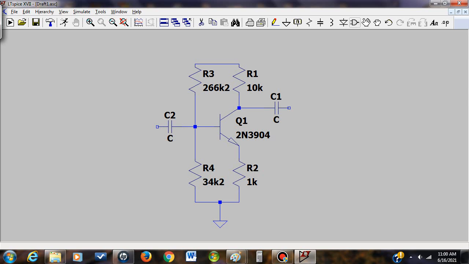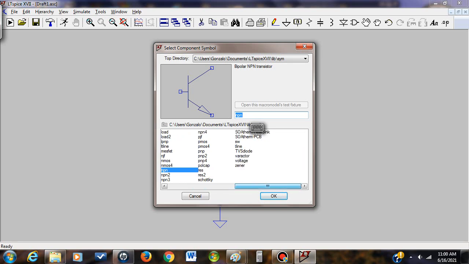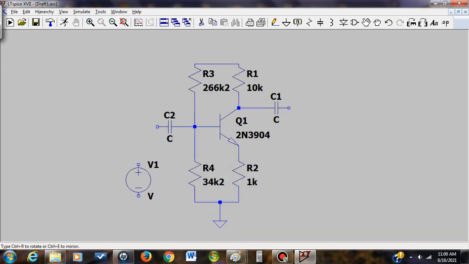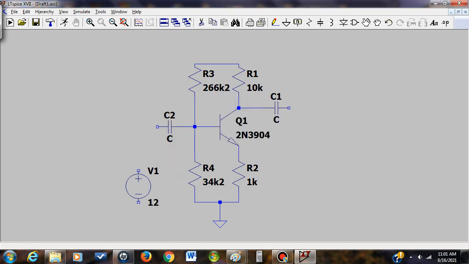And we also have to select a VCC voltage right here. Place a voltage source right down here. And let's select that it's going to be a DC value of 12 volts. And we need to wire it up, of course.